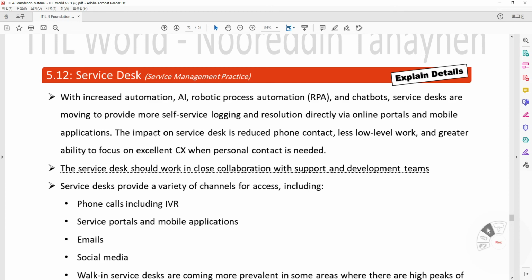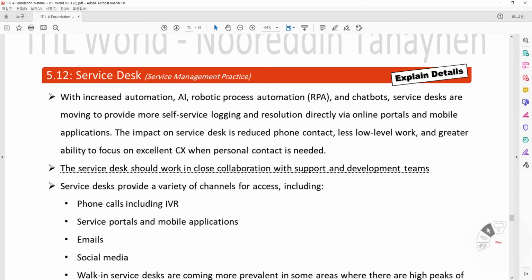The impact on service desk is less phone contact, less low-level work, and greater ability to focus on excellent CX when personal contact is needed. The service desk should work in close collaboration with support and development teams.